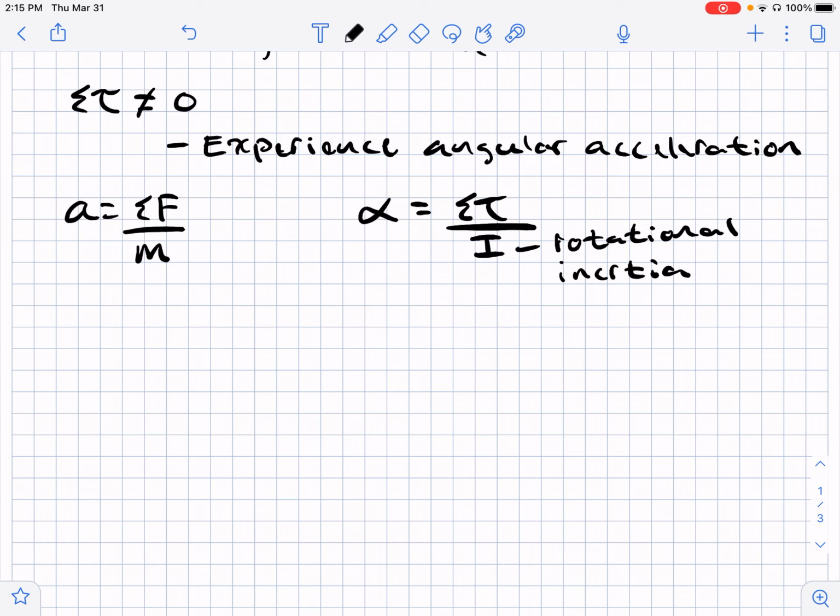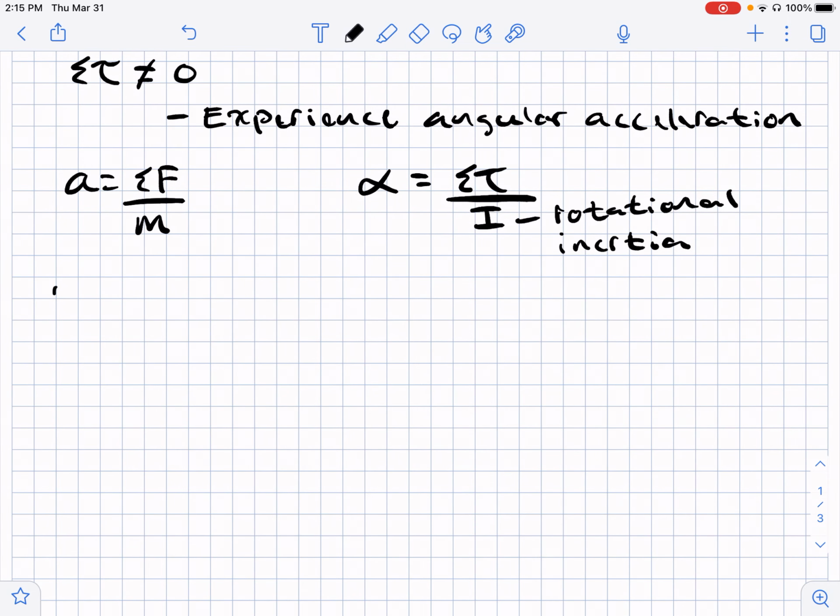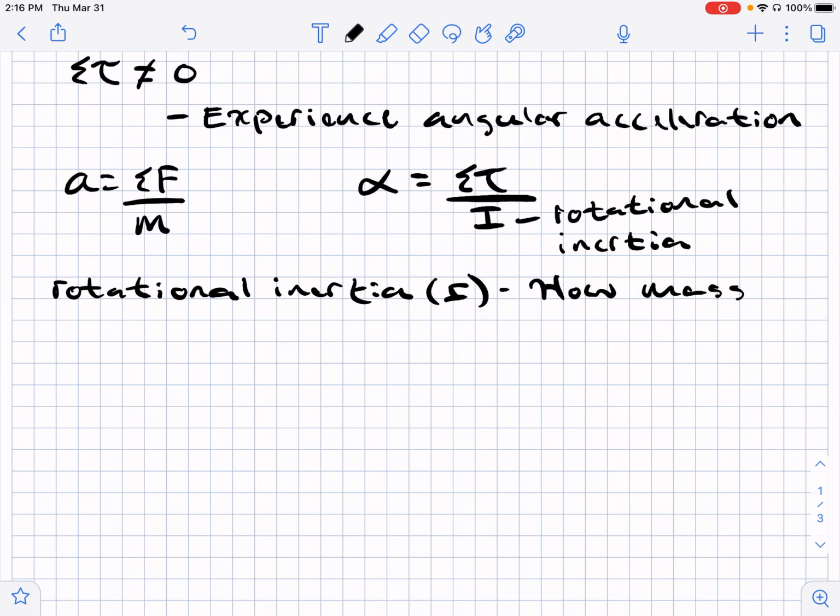Some people refer to it as moment of inertia, others as rotational inertia. That's the symbol I that we use, and again, it's just how that mass is distributed.